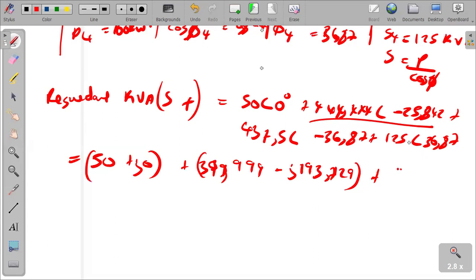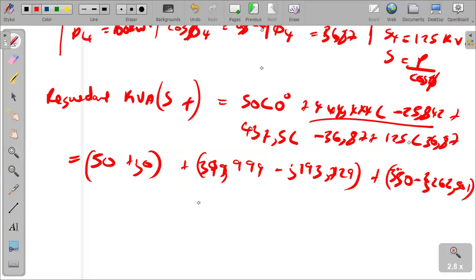If we convert it, it gives us 349.999, rounding that off to 3 decimal places, it's 350 minus j262.501.